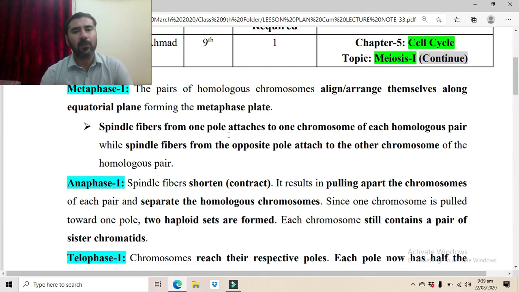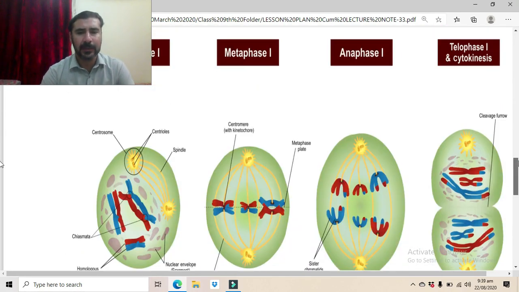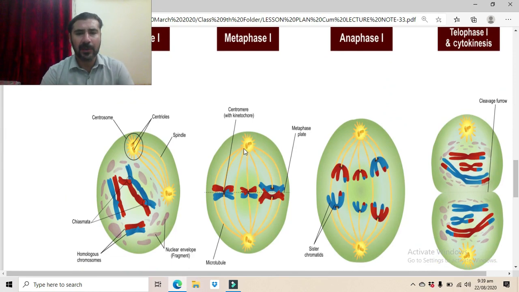Spindle fibers from one pole attach to one chromosome of the homologous pair, while spindle fibers from the opposite pole attach to the other chromosome of the homologous pair. Diagrammatically it is shown here. Spindle fibers from this pole will attach to this chromosome, the red one, and the spindle fibers from this pole will attach with this blue one.